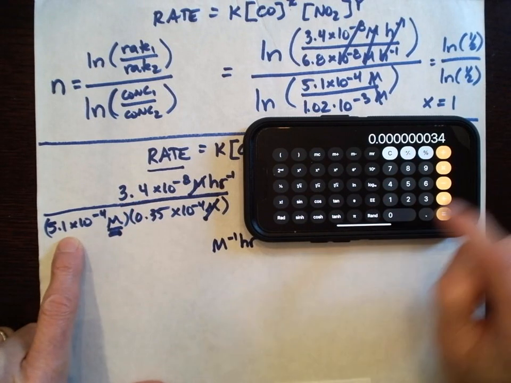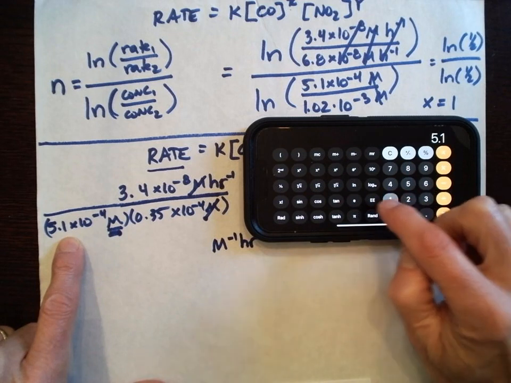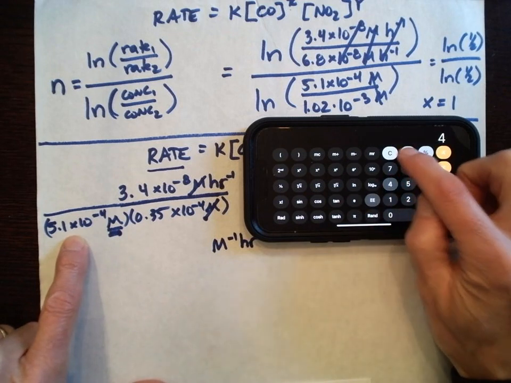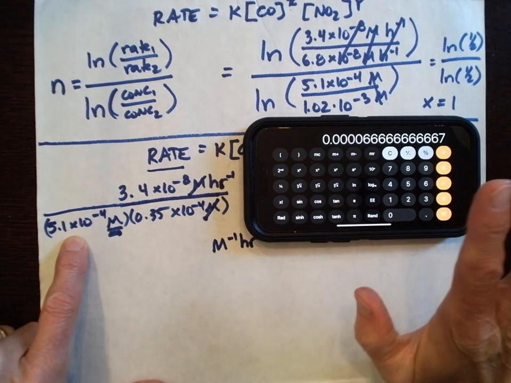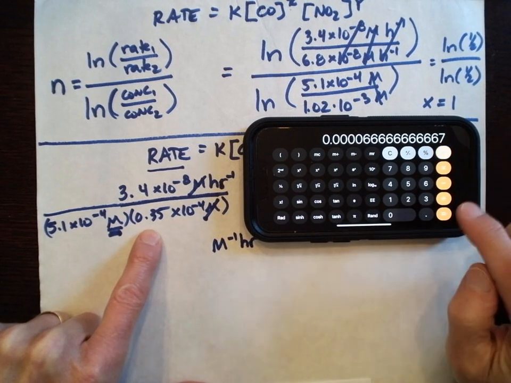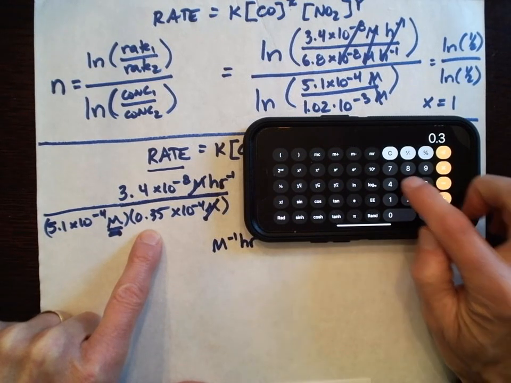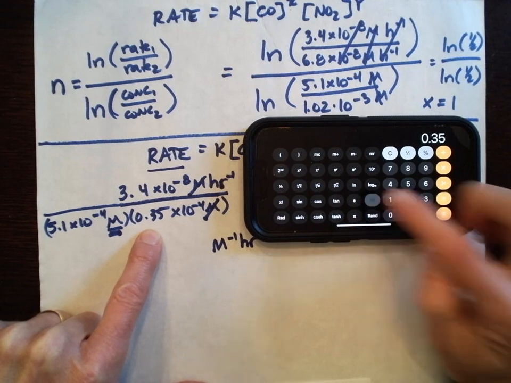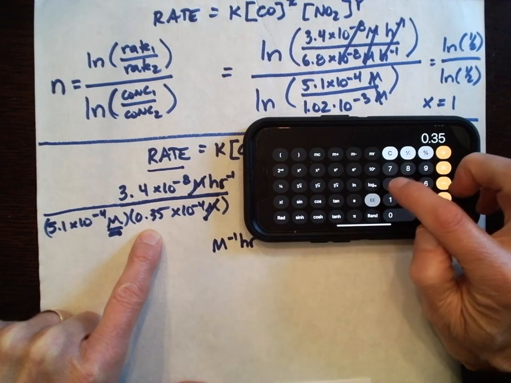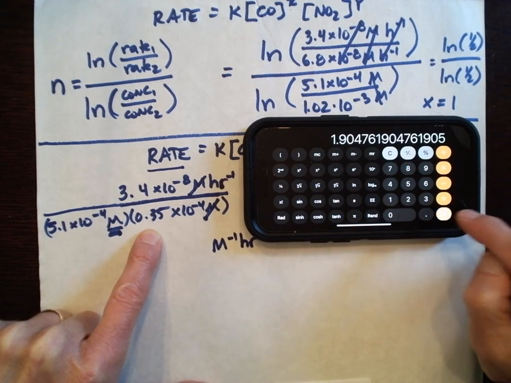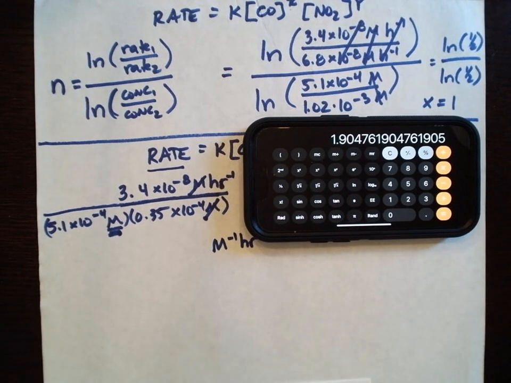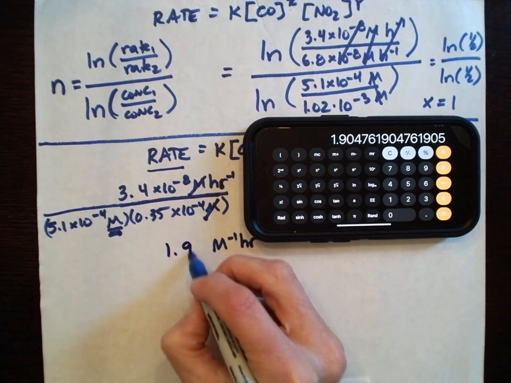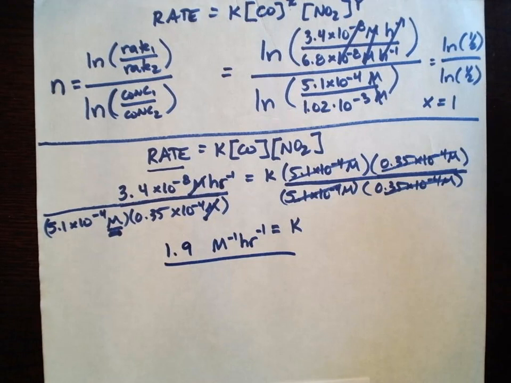I'm going to divide that by 5.1 times 10 to the negative 4. And I'm also going to divide by 0.35 times 10 to the negative 4. It looks like I get 1.9. That's the value for k.